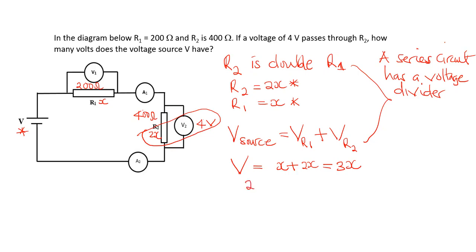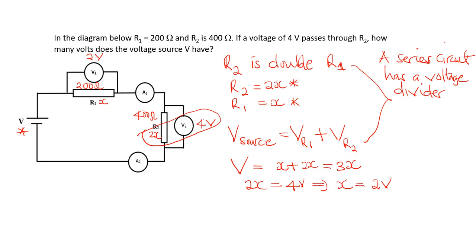So 2x is equal to 4 volts, which implies that x is equal to 2 volts. So we are saying at this point, this resistor here has 2 volts passing through.